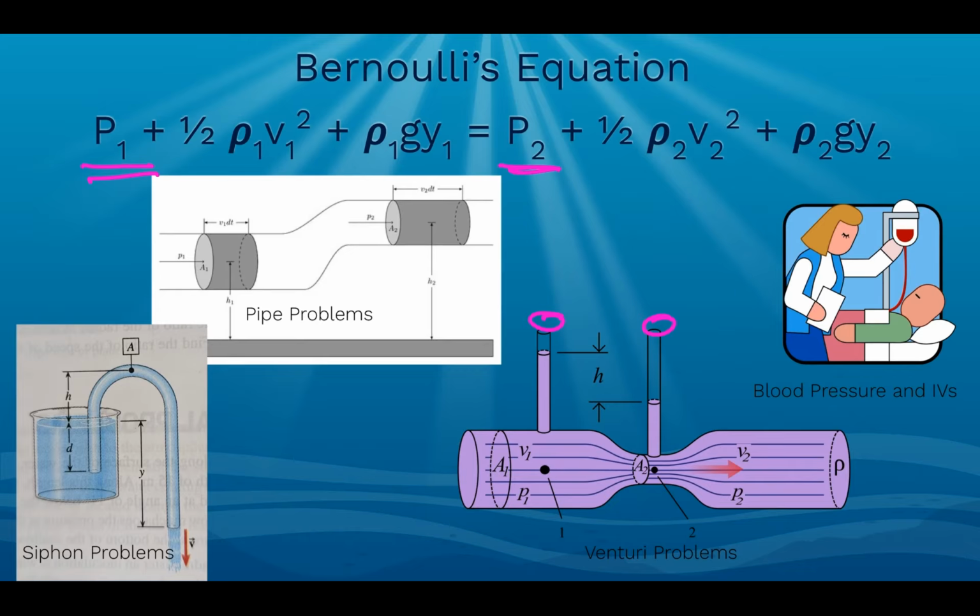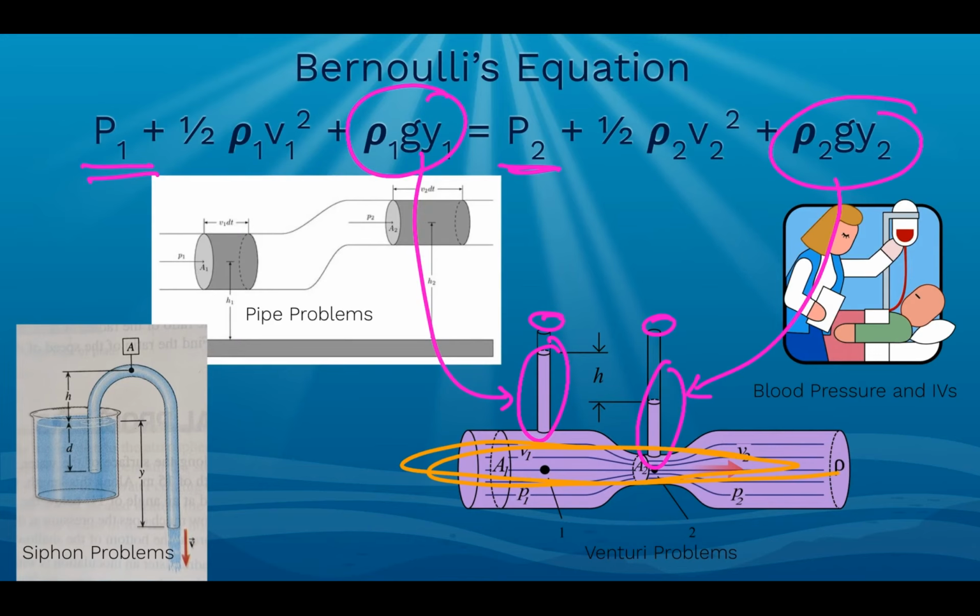But if you say that the pressures are equal, you have to notice that the height of the water is different. And so these heights of the water are compensated for right here. Even though down here in the middle of the pipe, the heights are the same, we're going to have to think about it as the pressure from those pipes.